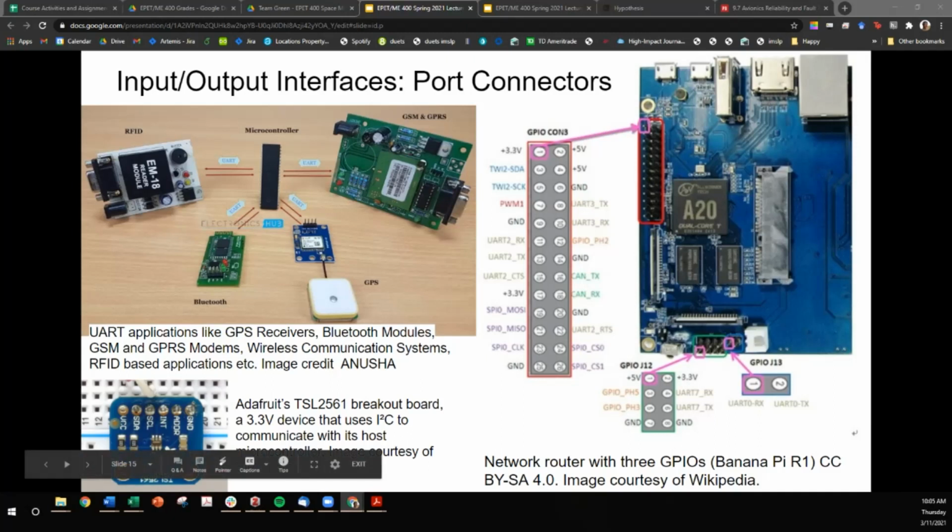You'll also see connectors like I2C. I2C is synchronous, and you'll see this in barometric pressure sensors, gyroscope and accelerometer modules.